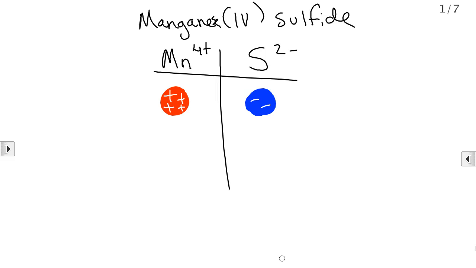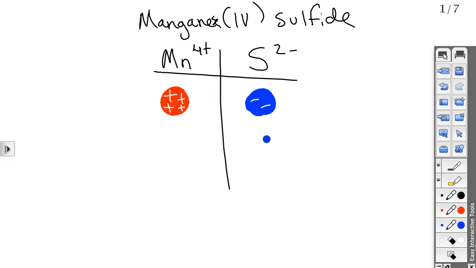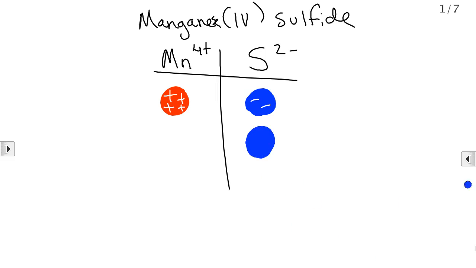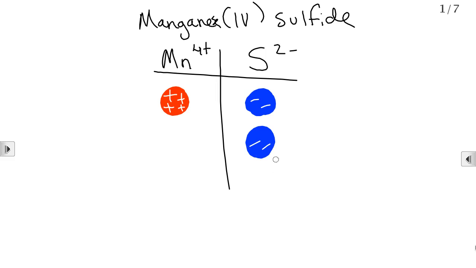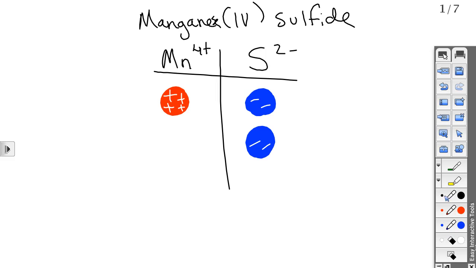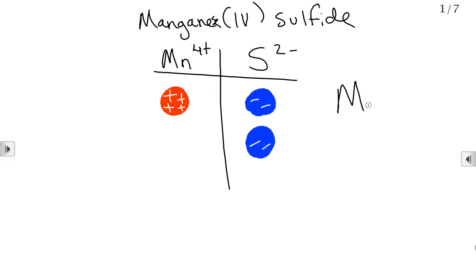No. So, do I need more manganese? No. Which one do I need more of? Cool. Now is it neutral? So, when I go to write the formula for this compound, manganese IV sulfide, do I need a subscript on this manganese? No. What was my subscript on the sulfur? 2. Done.